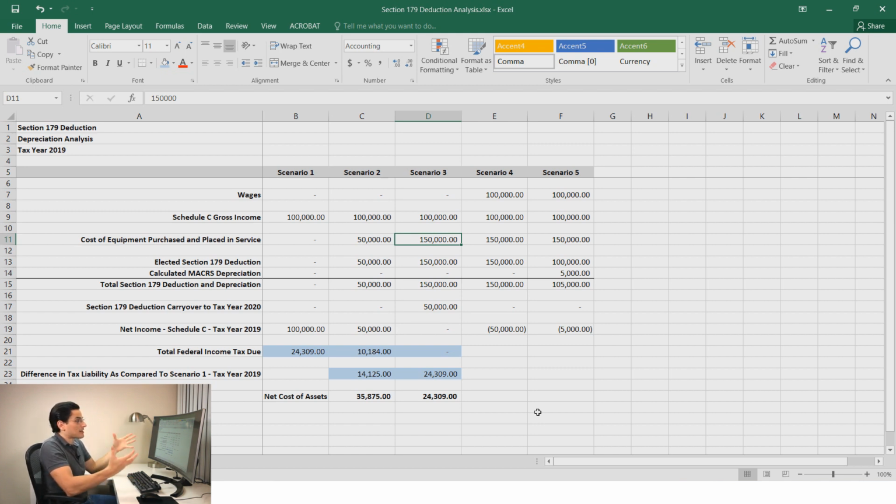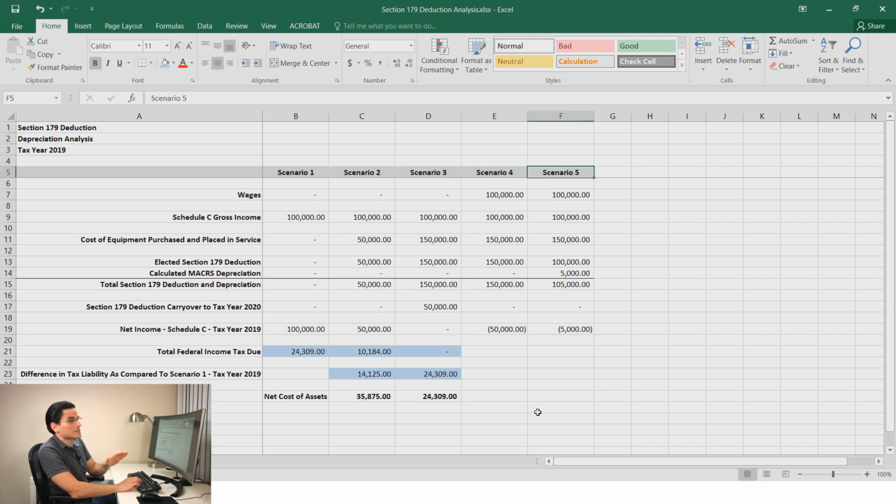So there's a lot going on there, but that's why it's important to keep this all in mind to see if it's more advantageous for you to take Section 179 or wait for a subsequent tax year and space out the depreciation deductions. So with all that said, let's keep going.